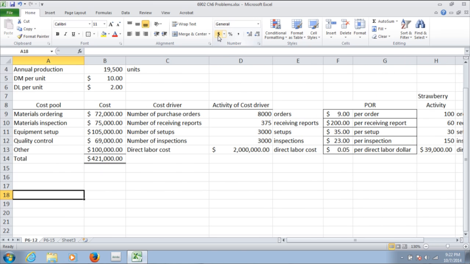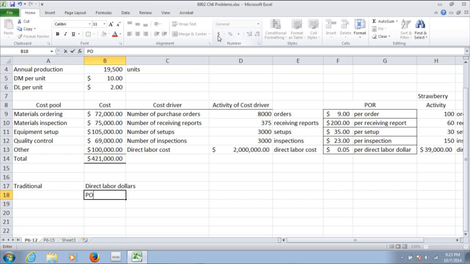Now, as an alternative, we could have done this using a traditional overhead pool. The traditional method could use any different source. In this case, it was direct labor dollars.